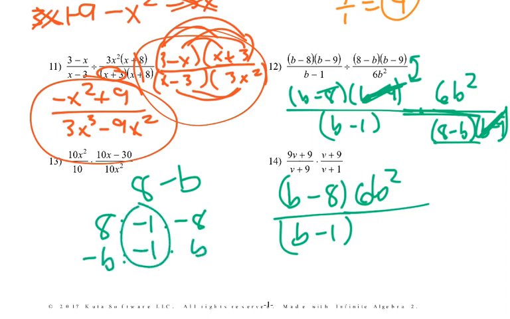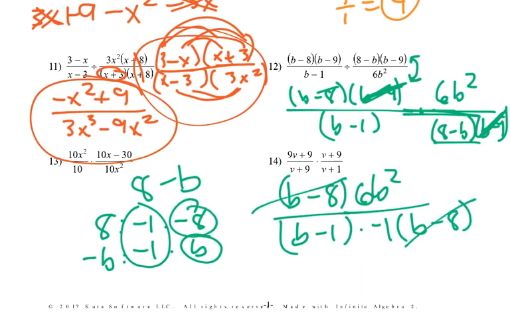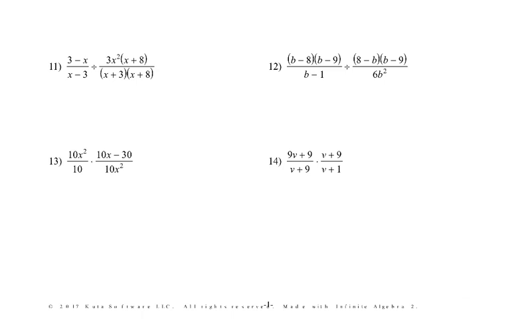So if I pull out a negative 1, I'd be left with a b minus an 8. So I could eliminate those, and then it would just be negative 6b squared over b minus 1. Alright.